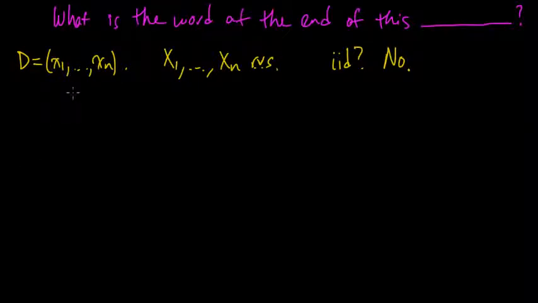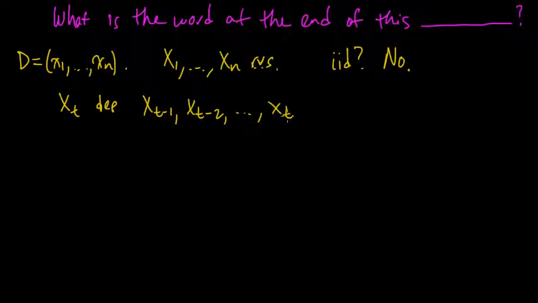So this suggests that we could do the following. If we were designing some generative model, we could choose x1 and then choose x2 to depend on x1. And in general, we could choose x_t, x at time t, to depend on the most recent points, x_{t-1}, x_{t-2}, and so on, back to say x_{t-m} for some fixed m.